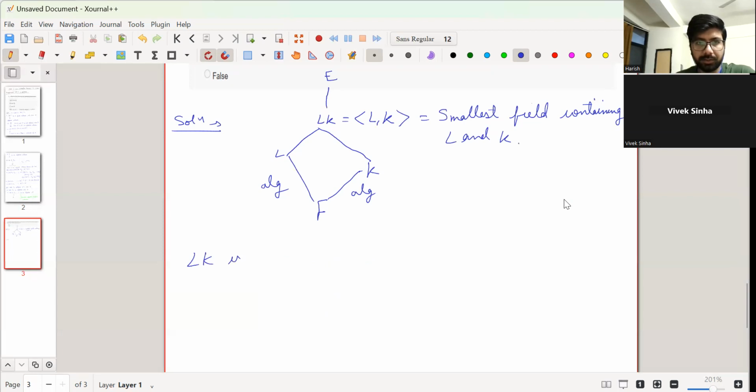LK is generated by elements of L and K, right?